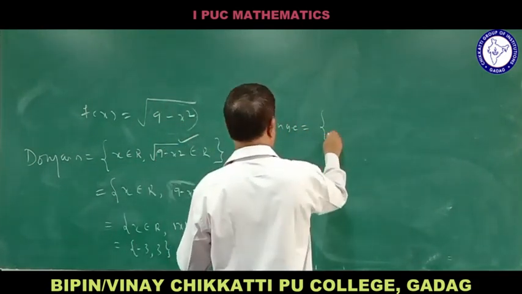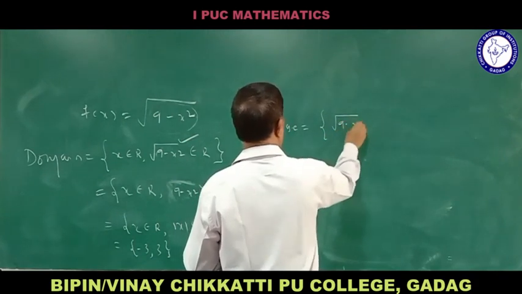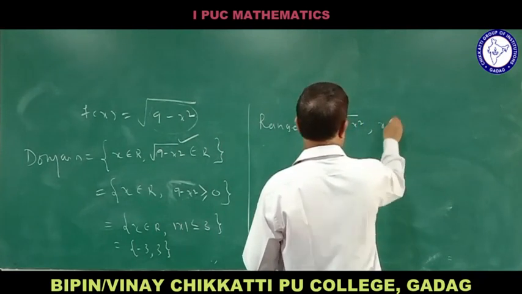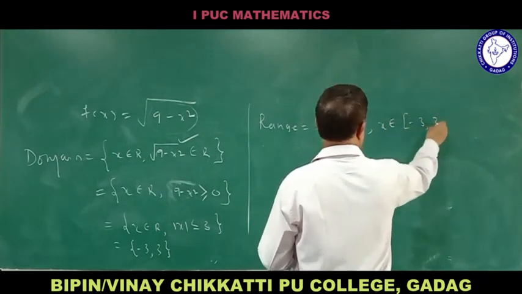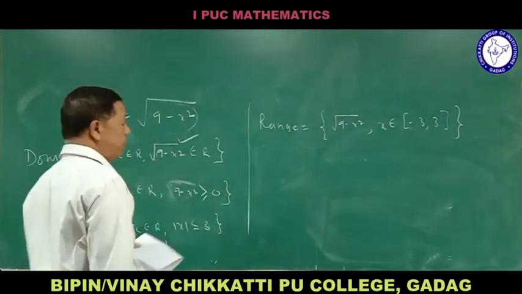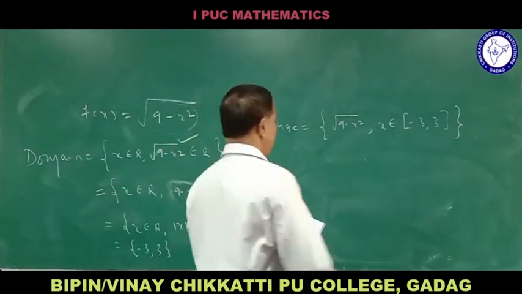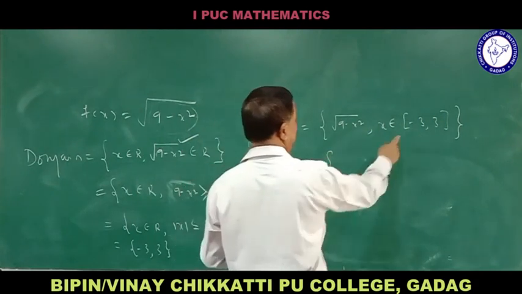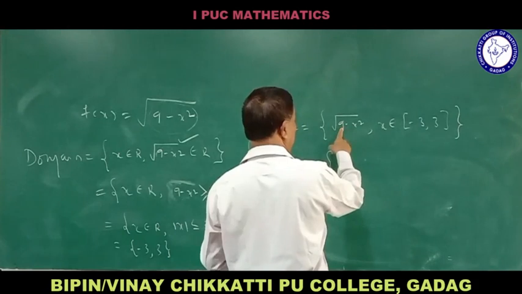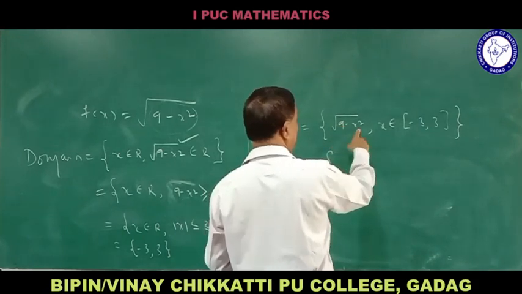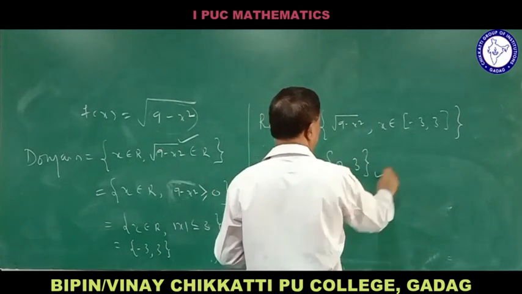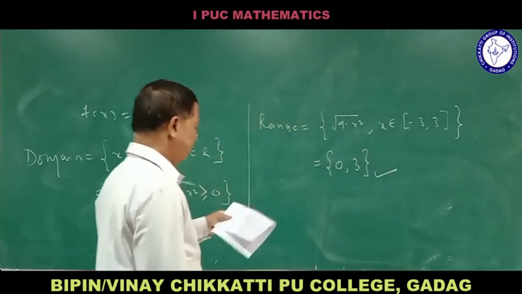The values of f of x is root of 9 minus x square, and x belongs to [-3, 3], as we have already discussed. At x equal to minus 3 or plus 3 the result will be 0, and if you take x equal to 0, it shows 3. So 0 to 3 is the range of the function.